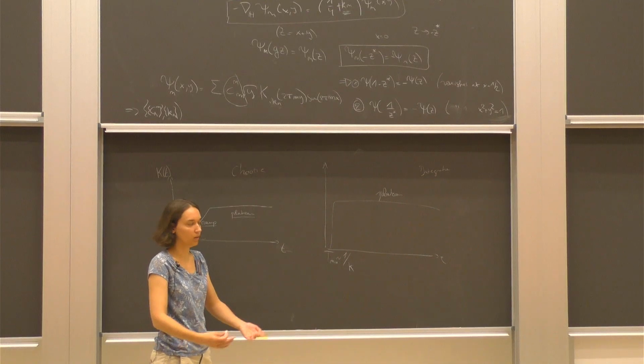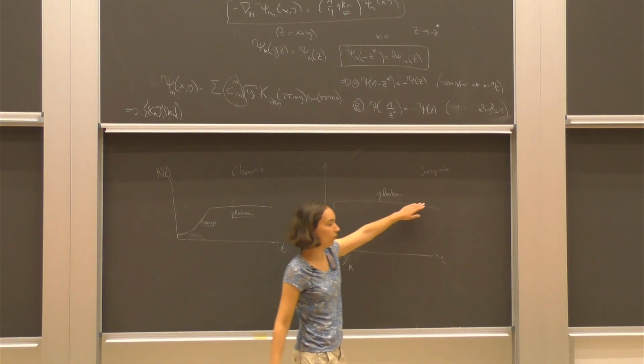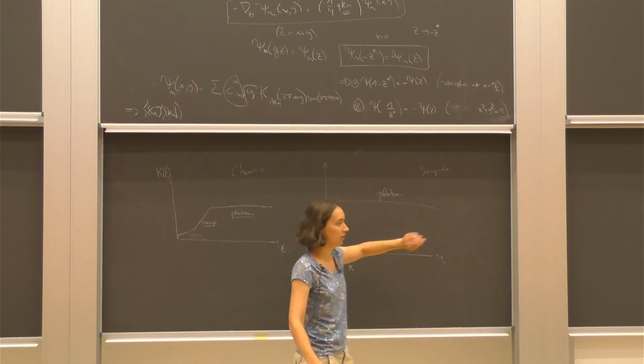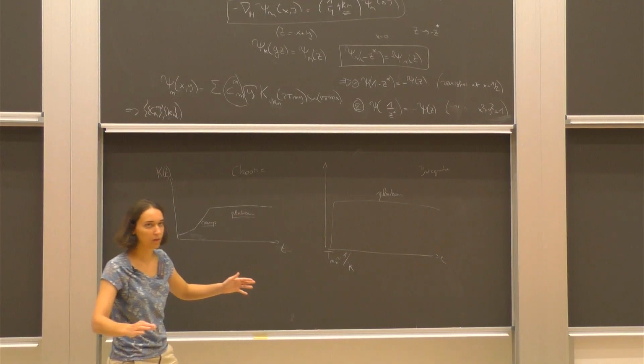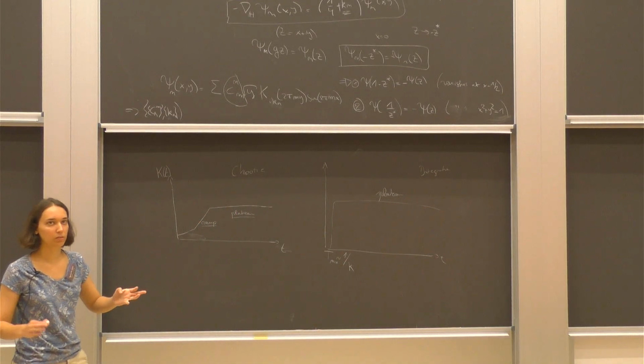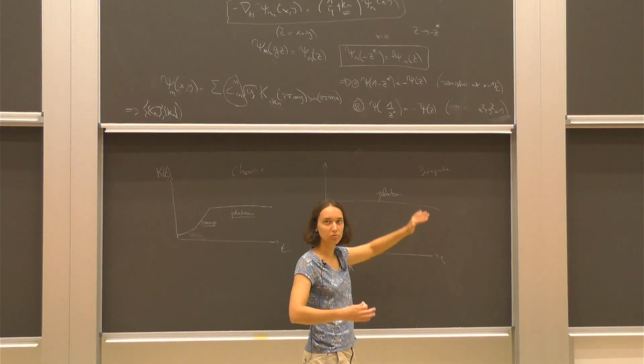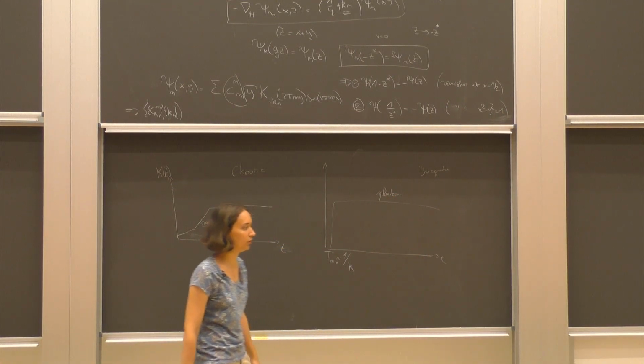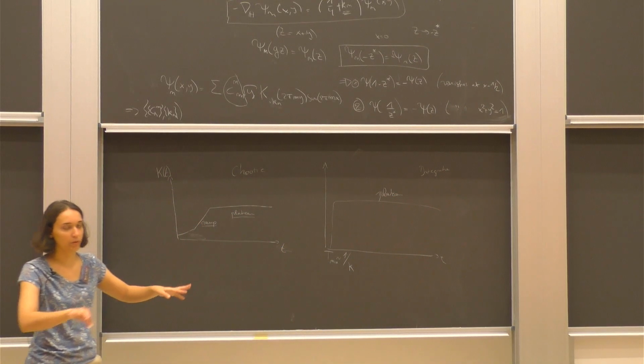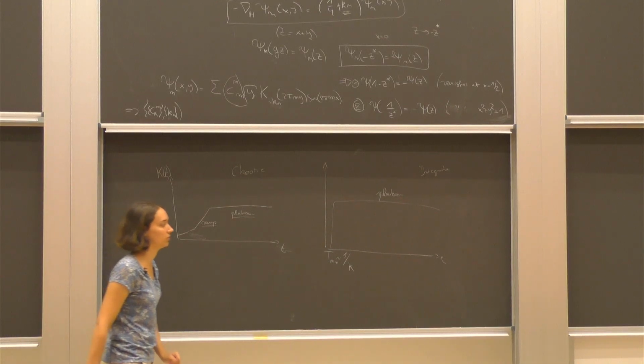If you had just a plateau for all times, it would be telling you that all the eigenvalues are statistically uncorrelated, which is usually what we assume to be true for integrable systems because of all the conserved quantities that separate your eigenvalues into distinct sectors.